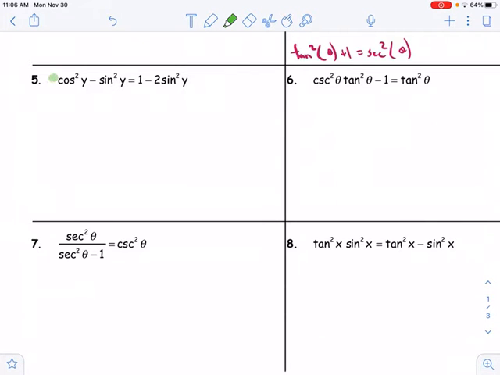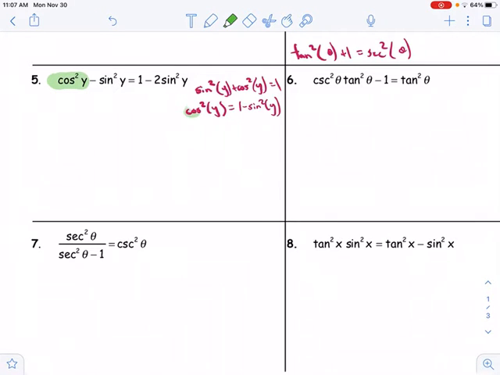So in this first situation, I've got this cosine squared y here, which I recognize is very similar to this Pythagorean identity. If I manipulate it to have cosine squared y by itself, I'll get cosine squared y equals 1 minus sine squared y.